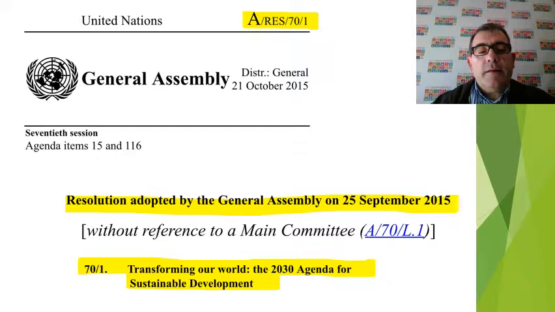Exactly, the name of the resolution is Transforming Our World: the 2030 Agenda for Sustainable Development, but everybody knows it now as the Sustainable Development Goals. This document expresses a vision in different aspects, and it is this vision we try to develop and apply to the vision of sustainable education.